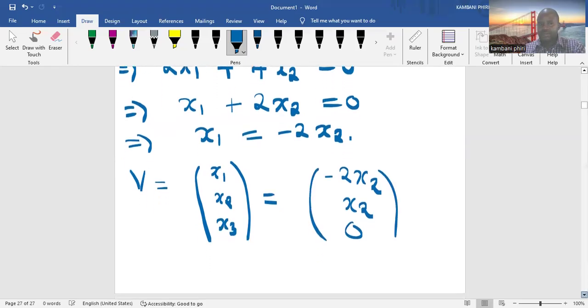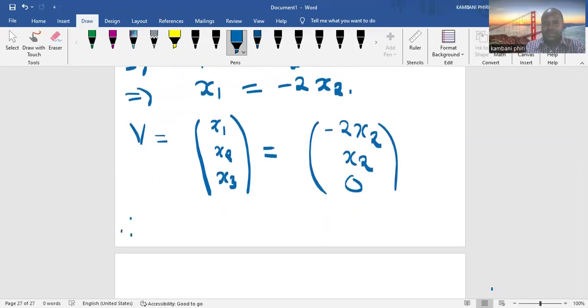Before we conclude, we can say our V is equal to, if we factor out x2, x2 times negative 2, 1, and 0.